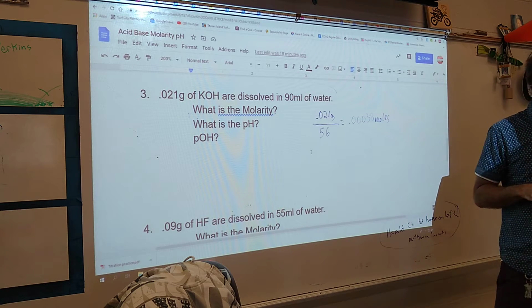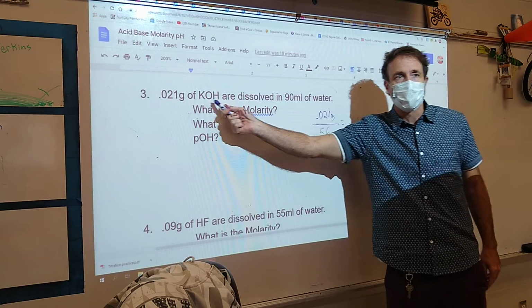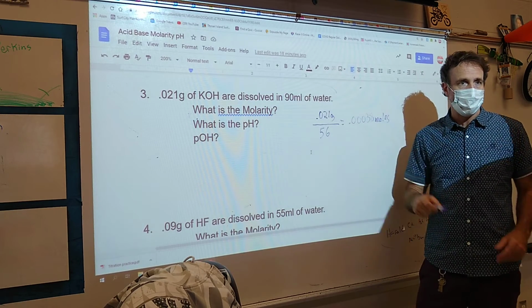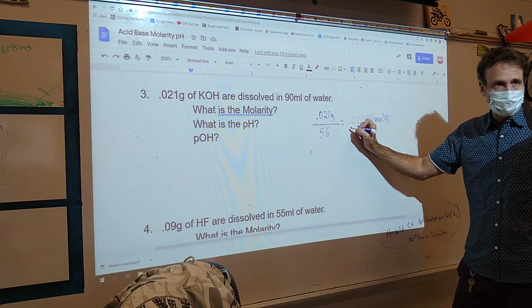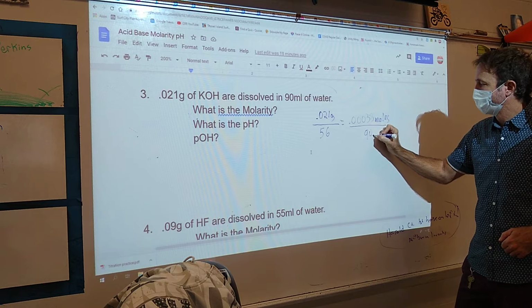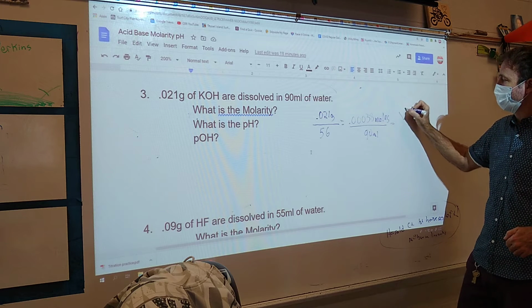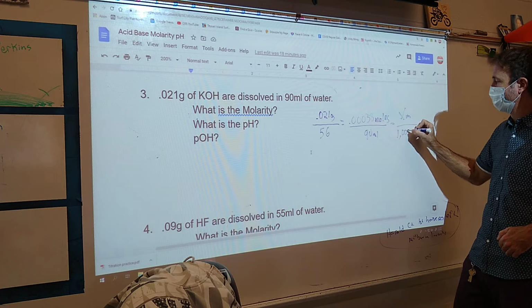Okay? Now we need to do another step in this problem. That many moles are dissolved in 90 milliliters of water. So to calculate the molarity, that much dissolved in 90 is equal to how much in 1,000? Because molarity means moles per liter.